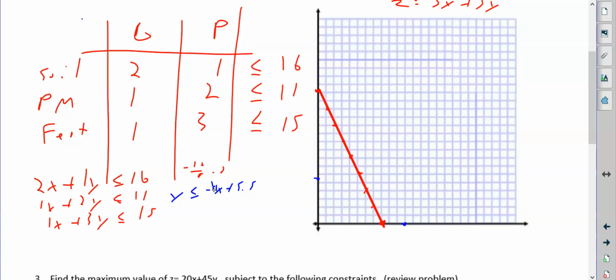So instead of down 1, right 2, I'm going to go up 1, left 2. Up 1, left 2. Hey, looky there, we have a point of intersection. Up 1, left 2. And there's that point at the 5.5.